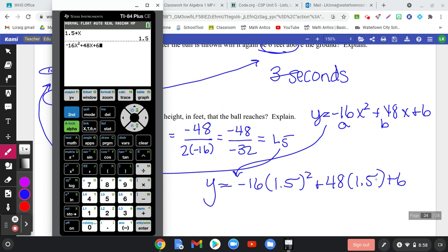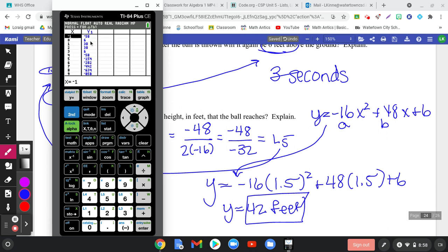Or you could type it in exactly as I have it here with the parentheses. Either way, y equals 42. So that's the maximum height that the ball is going to reach. So if you were to look at the table one last time, that makes sense. 1.5 is halfway between. 42 is between 38. It's a little bit higher than 38.